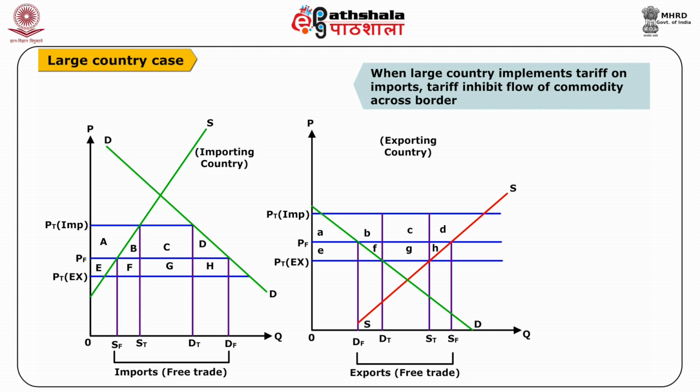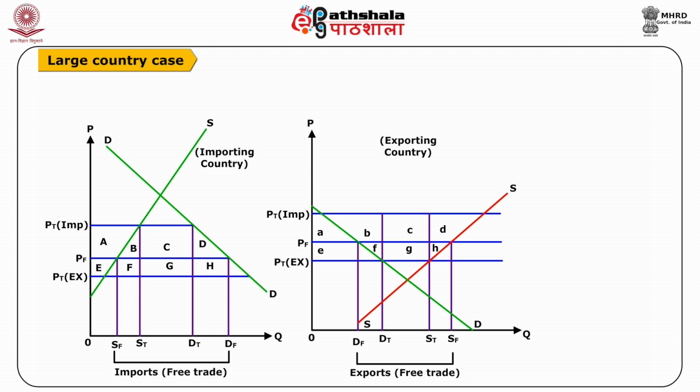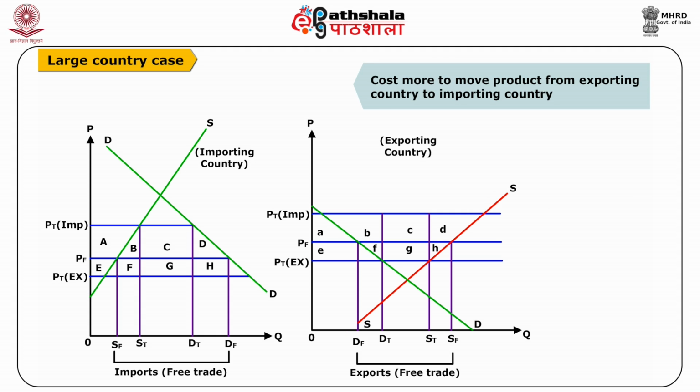When a large country implements a tariff on its imports, the tariff will inhibit the flow of the commodity across the border. It will now cost more to move the product from the exporting country to the importing country. As a result, supply of the commodity to the importing country will fall due to the increase in price. Due to the reduced supply of the product to the large importer, the price in the exporting nation will fall.